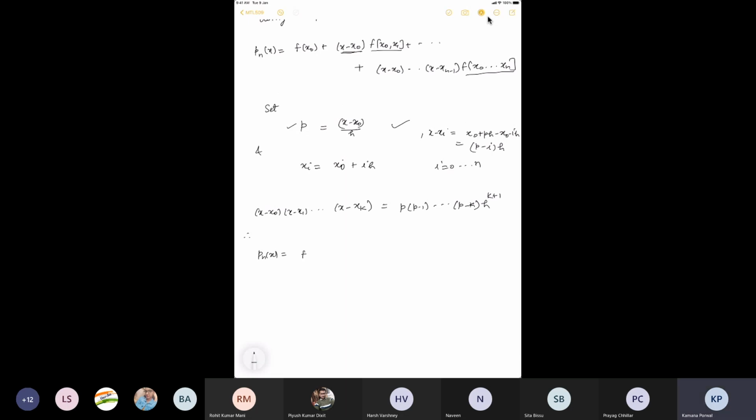the first term is f of x naught. Now x minus x naught is p times h, and the coefficient is delta f of x naught divided by factorial 1 times h raised to power 1. So this is using proposition 1.